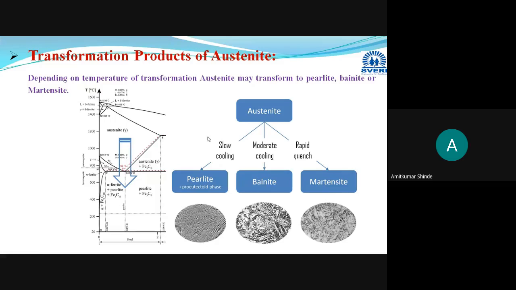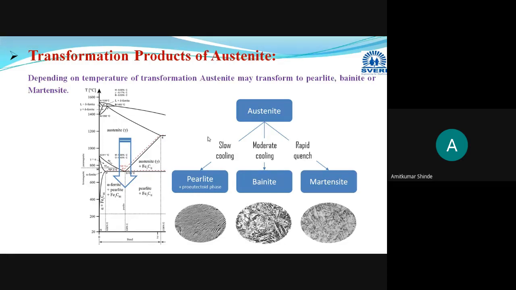This part, the transformation products of austenite, is not included in your syllabus, but for better understanding of all the heat treatment processes we are going to study, you should understand the different transformation products of austenite.